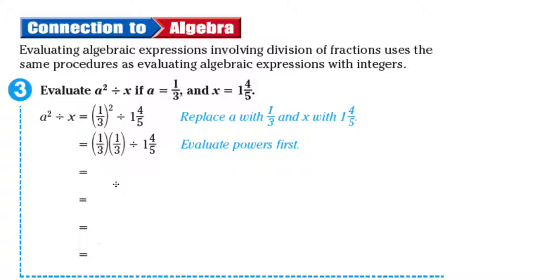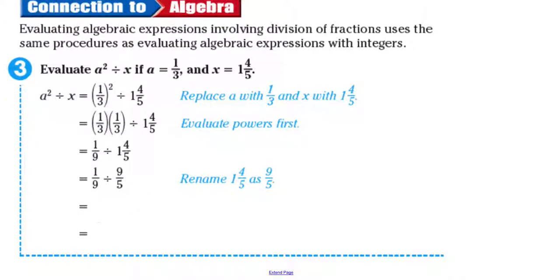And then before we start with our division with fractions rule, okay, we convert 1 1/4 into an improper fraction. In this case, we multiplied 1/3 by 1/3, or we evaluated the powers, okay, to become 1/9. And then this is now the step where we get the improper fraction of 1 1/4, which is 9 over 5. Okay, be very careful here.